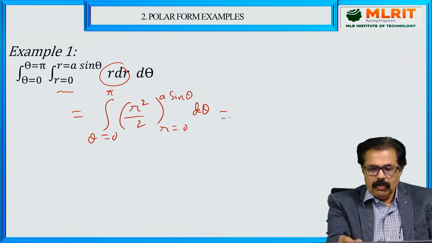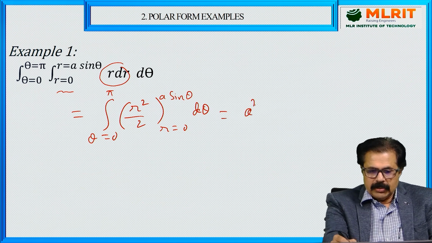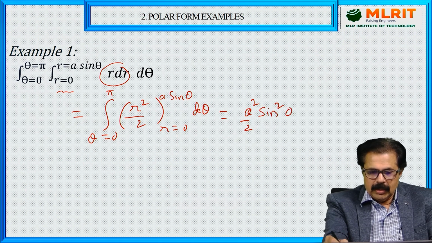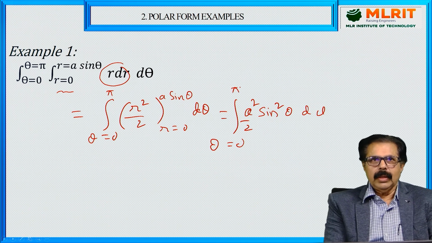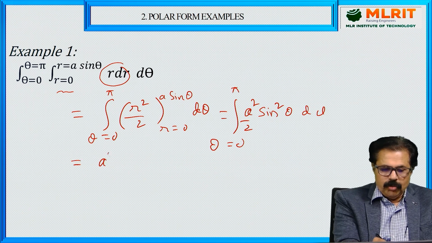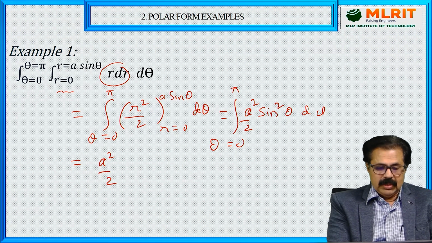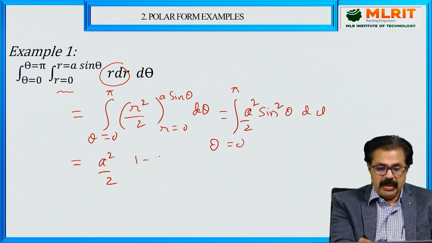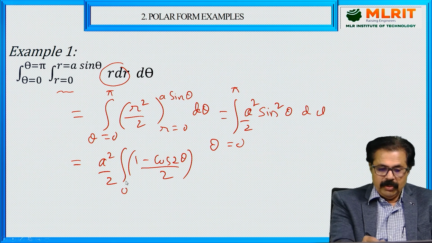So for this, what do we get? Put r is equal to a sin theta: a square by 2 sin square theta d theta, theta equal to 0 to pi. Now a square by 2 being a constant, we will take it out, and then convert sin square theta into multiples: 1 minus cos 2 theta divided by 2, and then integration 0 to pi.